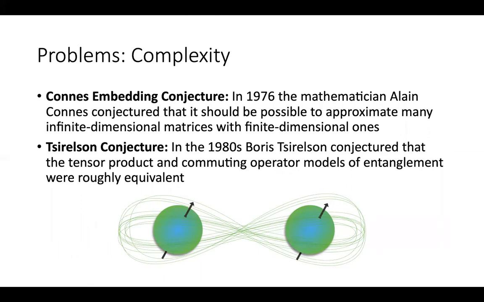And beyond that, again, this is another detour that we have to take. We start not with physics, but with mathematics. In 1976, mathematician Alain Connes conjectured that it should be possible to approximate many infinite dimensional matrices with finite dimensional ones. A few years after that, in the physics domain, Boris Tsirelson conjectured that the tensor product and commuting operator models of entanglement were roughly equivalent.